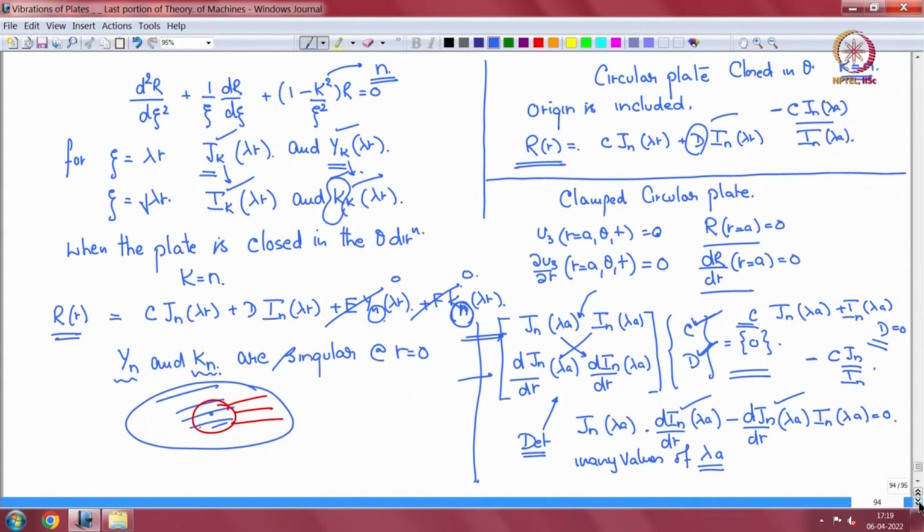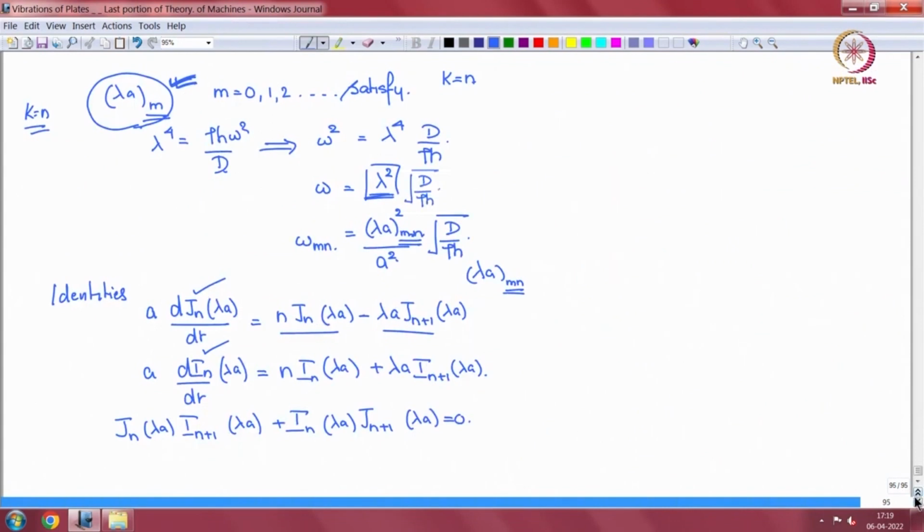Okay, so now if we write it up, what do we get? We get u(r, θ), which we had written as R(r) into Θ(θ).